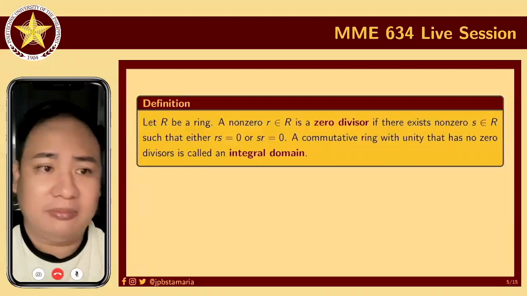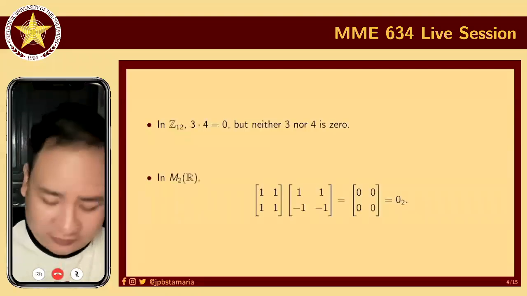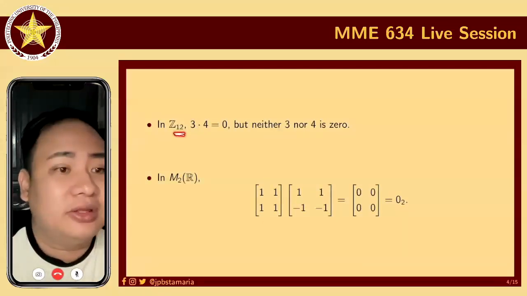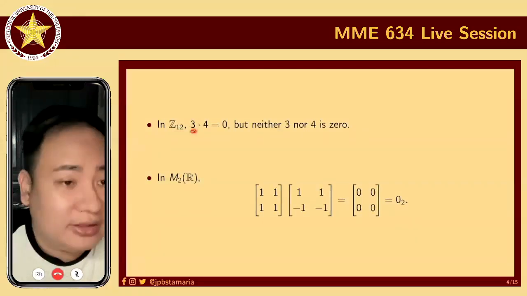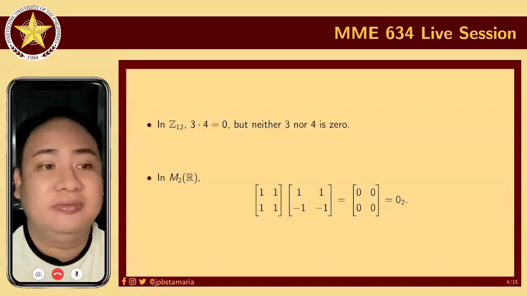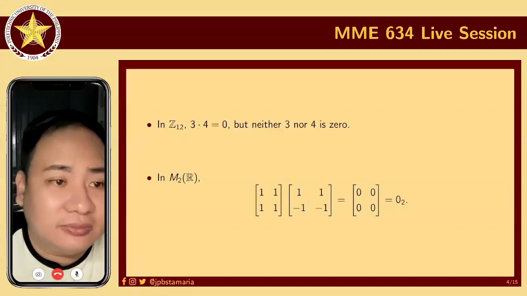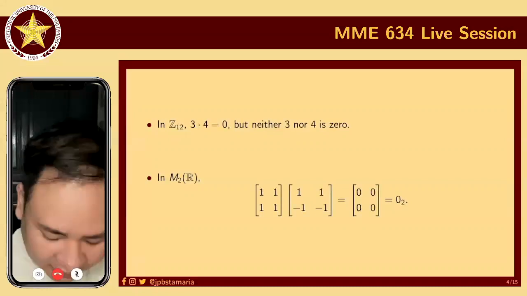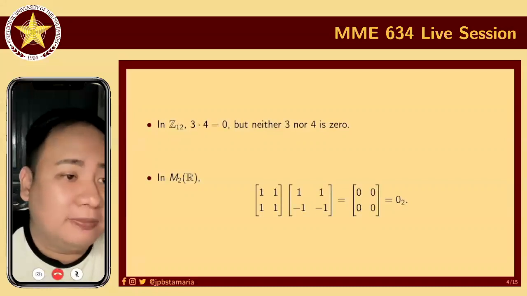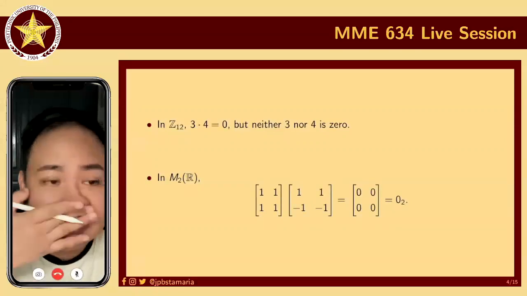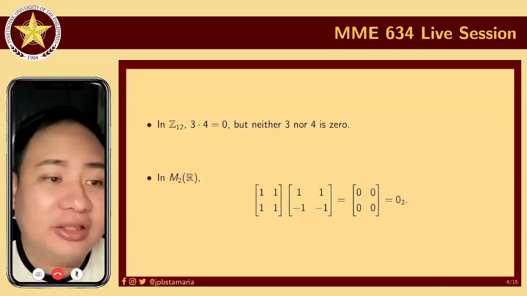Kung halimbawa, look at the previous example. Halimbawa, itong 3, zero divisor yan ng Z sub 12. Why? Kasi I can find a partner for 3 which is also not 0, yet their product is 0. So, si 3 ay zero divisor. In fact, si 4 also is a zero divisor because pwede may partner sa kanya si 3.